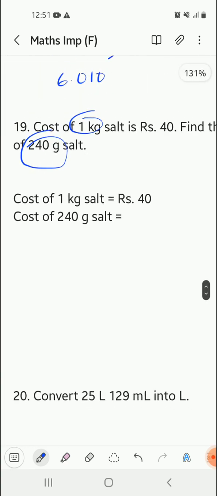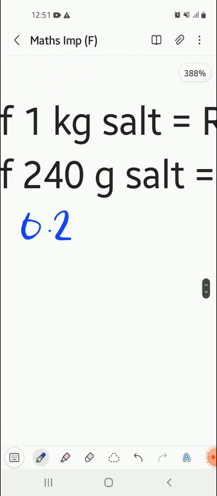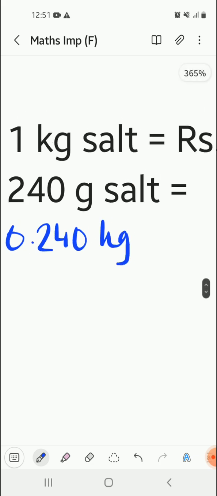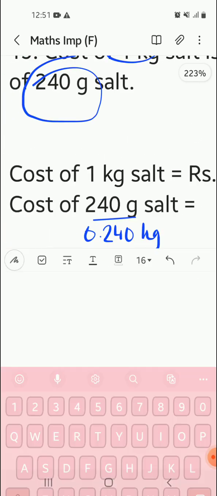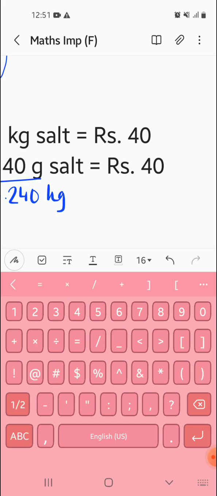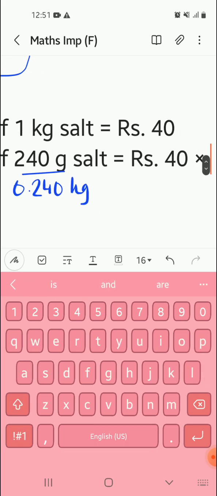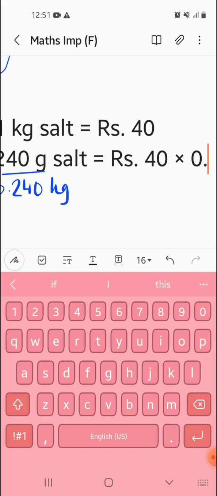Okay, so 240 gram actually means 0.240 kg, right? 240 gram. So therefore we will actually multiply it with rupees 40, that is the cost of 1 kg, into the given question into gram, that is 0.240.